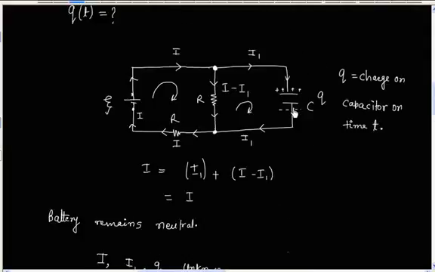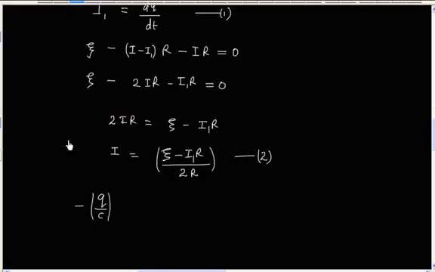So if I pass this capacitor, we will have a potential difference equal to minus Q by C. Now there is no resistor here. If I go across this resistor, I am going opposite to the direction of current, so we will have a plus sign. And current is I minus I1 and resistance is R, so this is equal to 0.